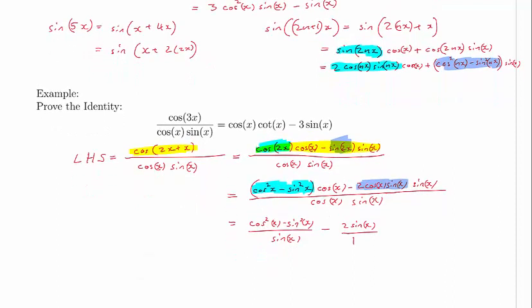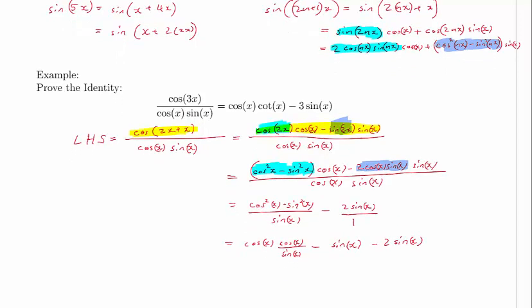All right, now let's go ahead and simplify this term right here. We have cosine of x multiplied by cosine of x divided by sine x, and then minus sine x minus 2 sine x.